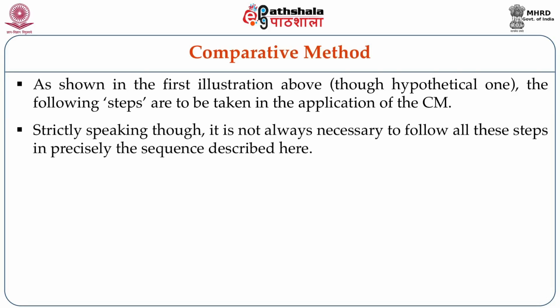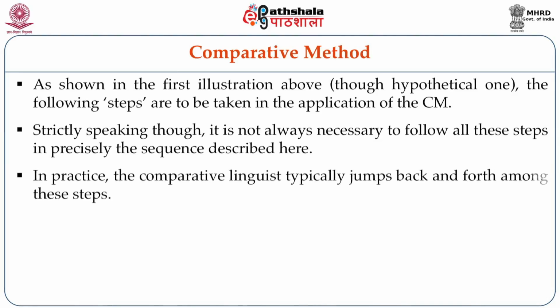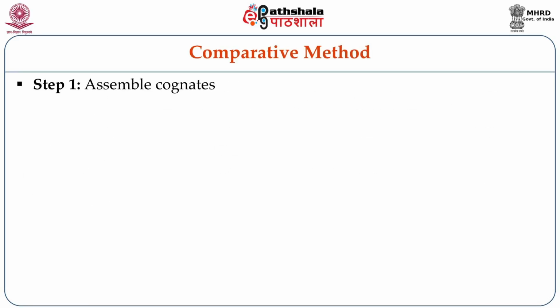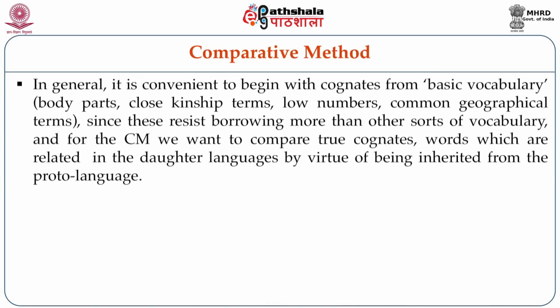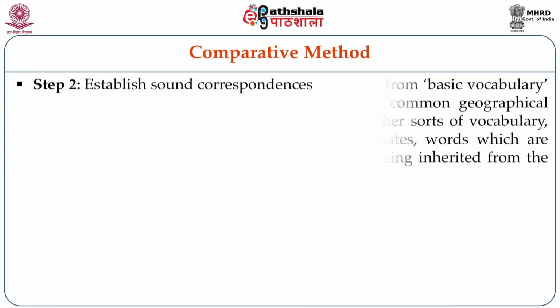Strictly speaking though, it is not always necessary to follow all these steps precisely in the same sequence described here. In practice, the comparative linguist typically jumps back and forth among these steps. Step 1, assemble cognates. In general, it is convenient to begin with cognates from basic vocabulary, as we have already said.